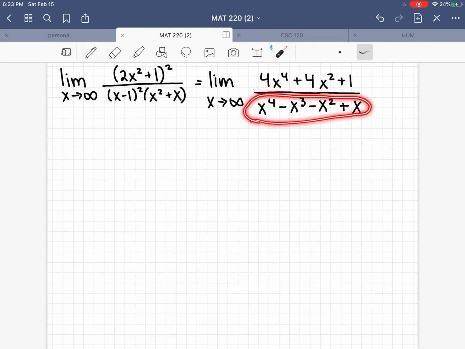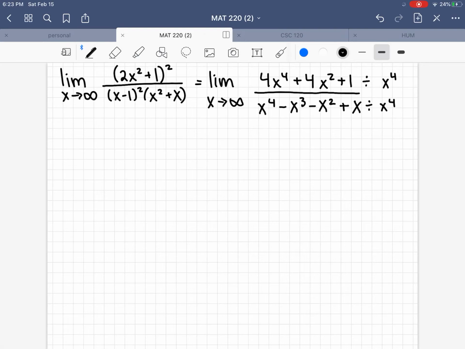So our highest degree term here in our denominator is going to be that x raised to the 4th. So we're going to divide both the top and the bottom by x to the 4th.